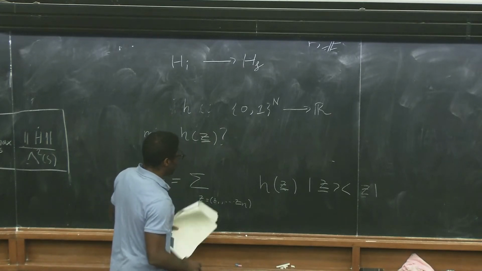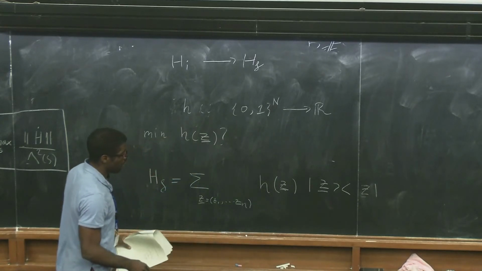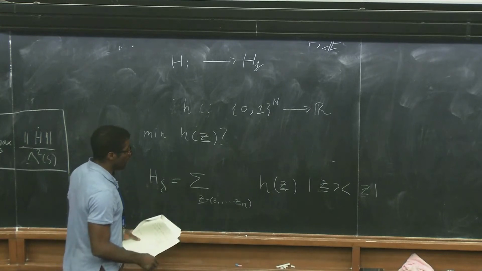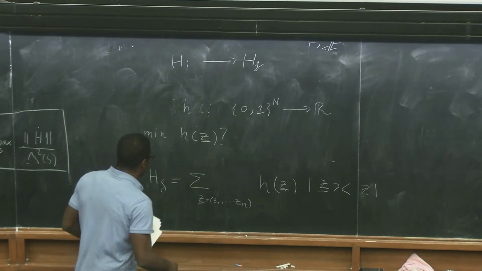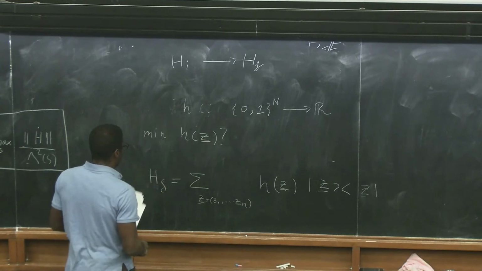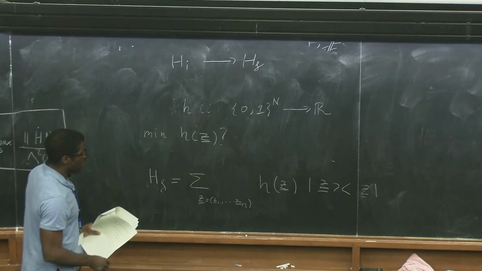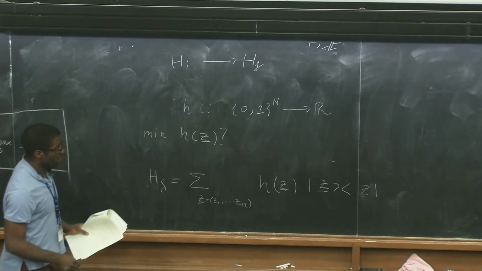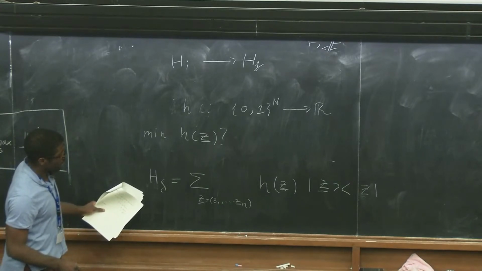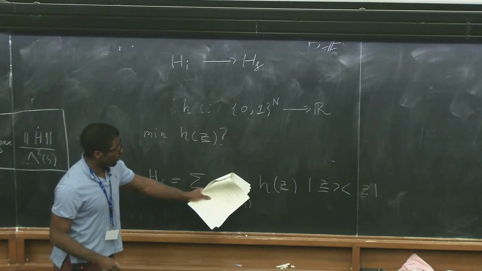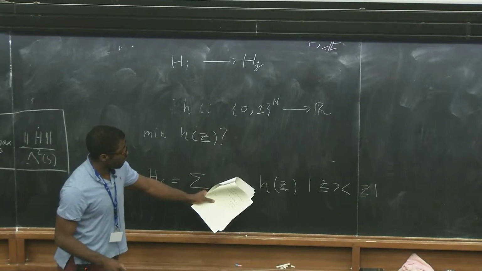Again, z is going to be a string, as we said, where each of these values can be 0 or 1. So this can be seen as a state defined on a set of n qubits. This Hamiltonian lives in the space of n qubits, and the ground state of the final Hamiltonian, since the Hamiltonian is diagonal and we already know the energies, is going to be the state which has the minimal energy.